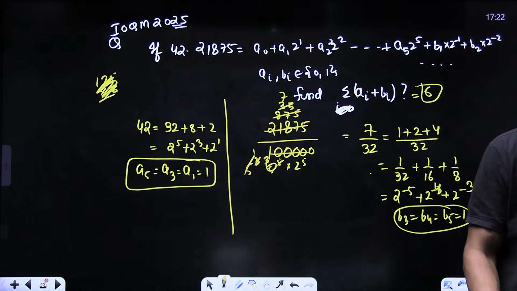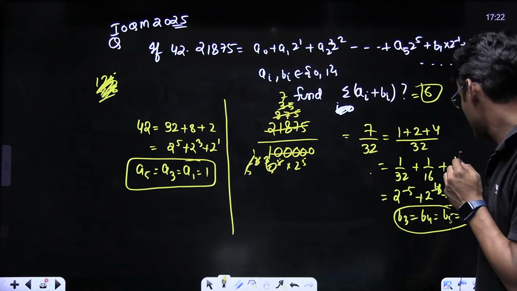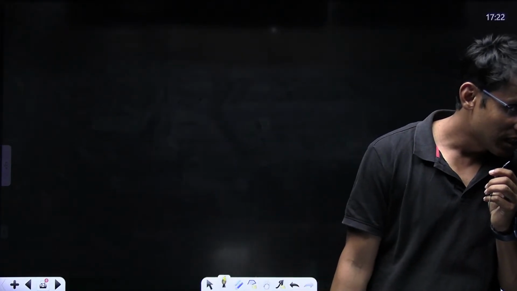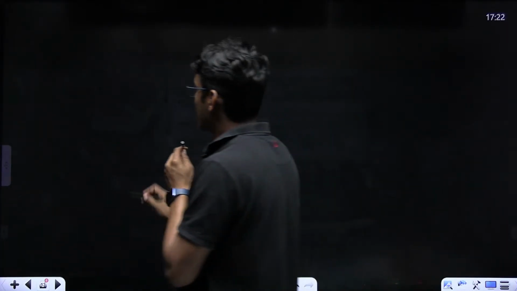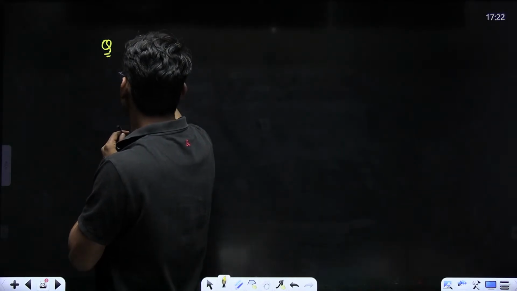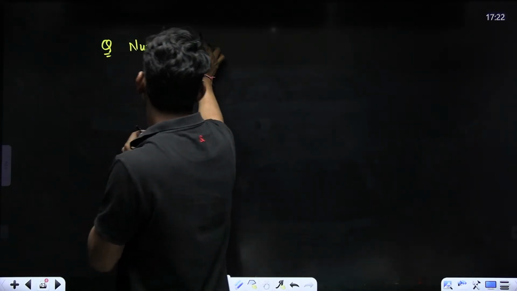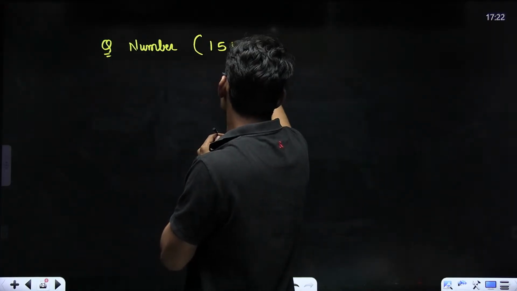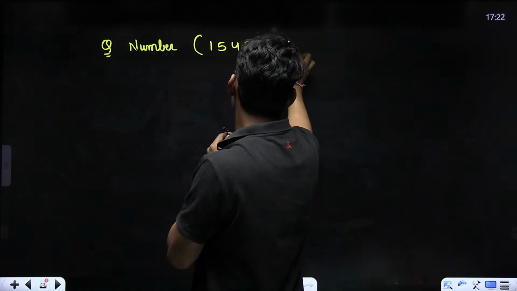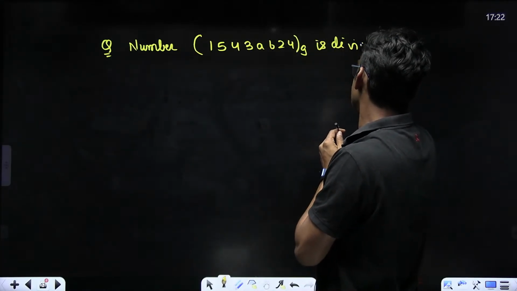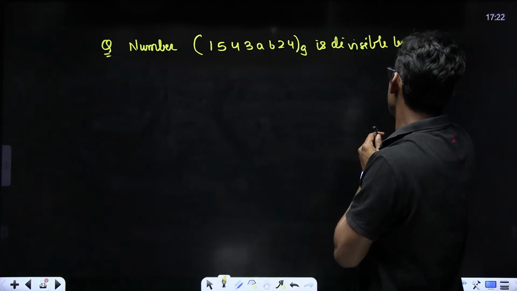Now, the last problem. I hope you get it. The number 1543AB24 to the base 9 is divisible by 8.